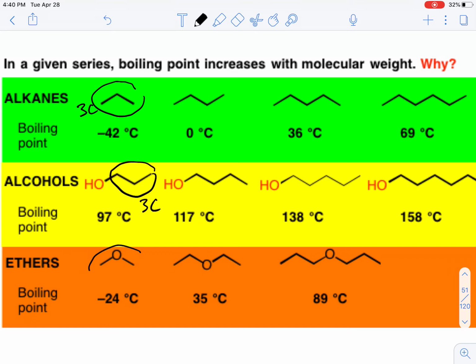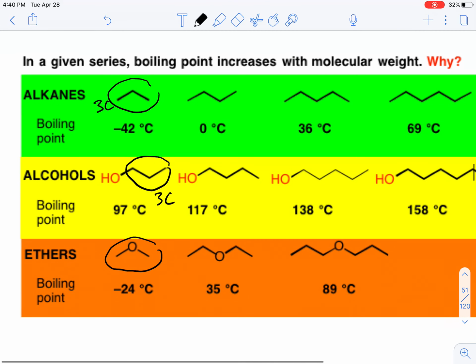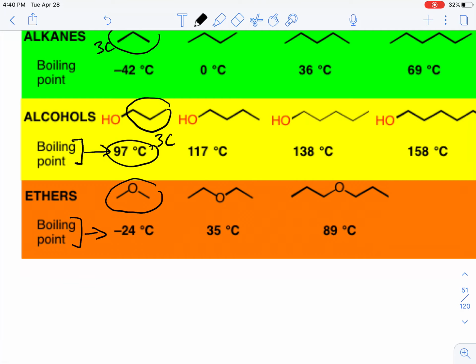And more or less, this ether has like 3 points or 3 vertices. If you look at the boiling point, notice that the boiling point for the alcohol is 97 degrees Celsius, whereas the boiling point of the ether is negative 24 degrees Celsius.